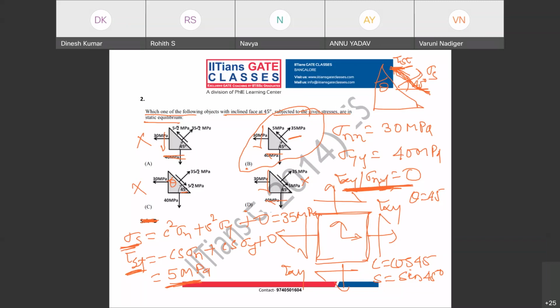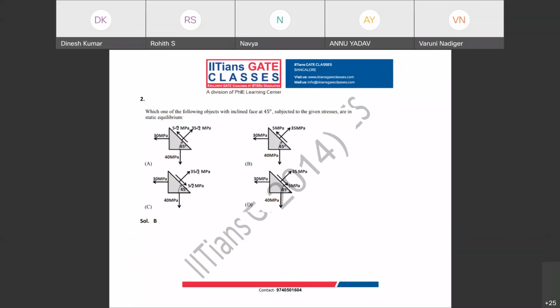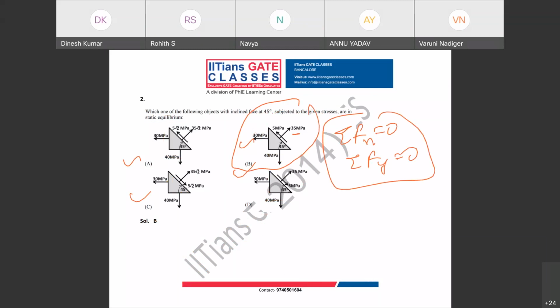What is the way? You can take all the elements and, for all elements, do sigma Fx equal to 0 and sigma Fy equal to 0. Only B will satisfy these two. Now guys, the given values are stresses, so always when you take the summation of forces, you multiply these stresses by areas.